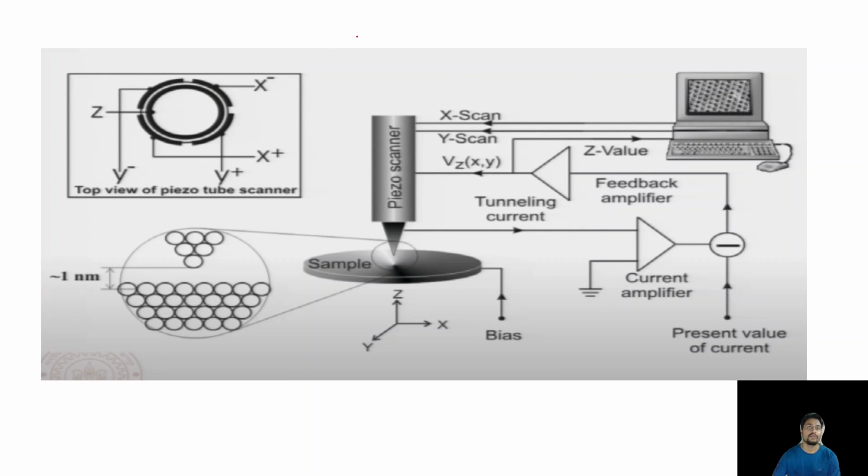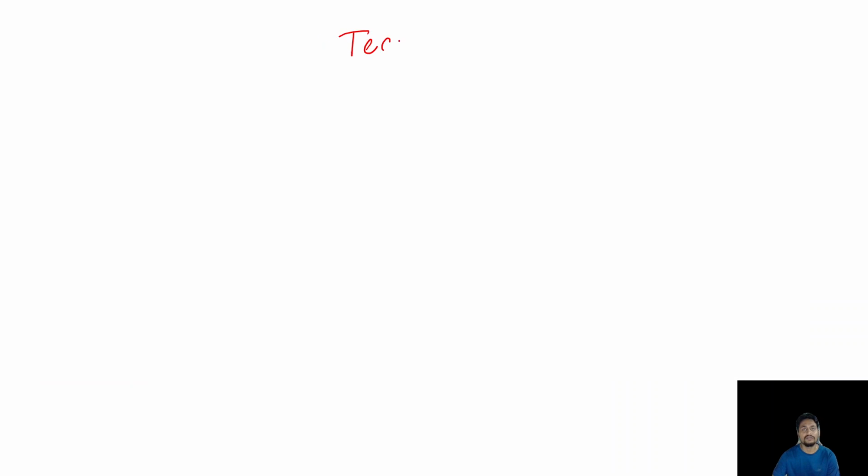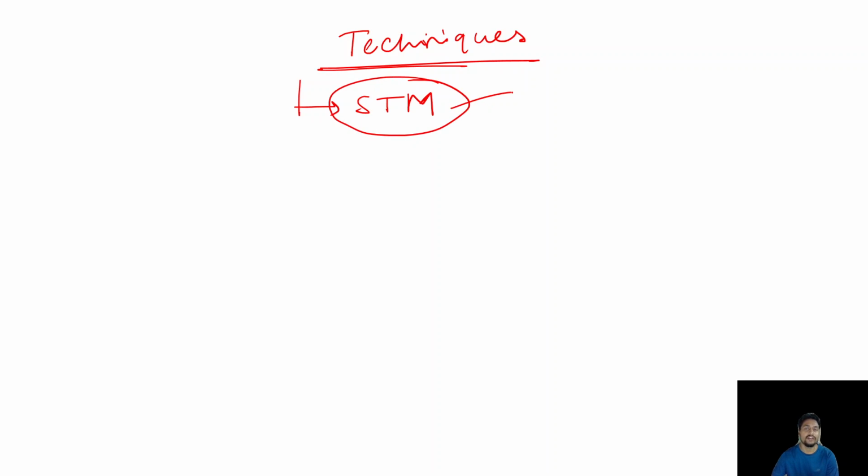Then we have learned some techniques, and these are all very important. At first we started with scanning tunneling microscope and spent almost 1.5 weeks. Then scanning tunneling spectroscopy and different kinds of scanning tunneling microscopy.